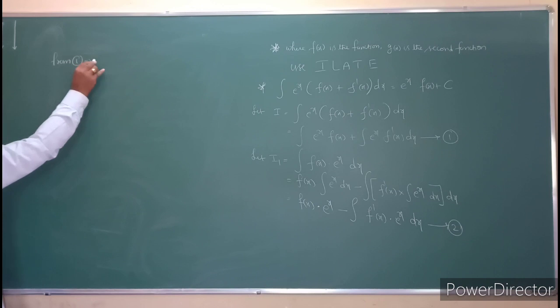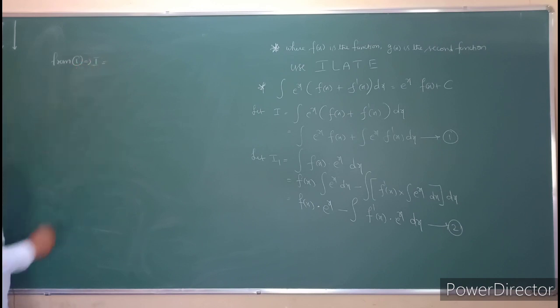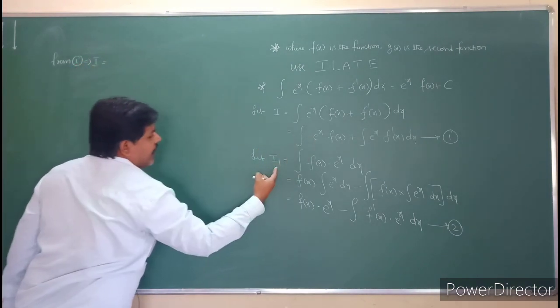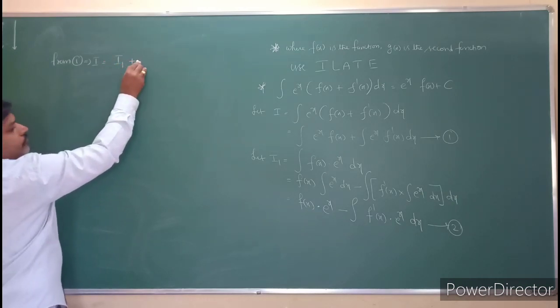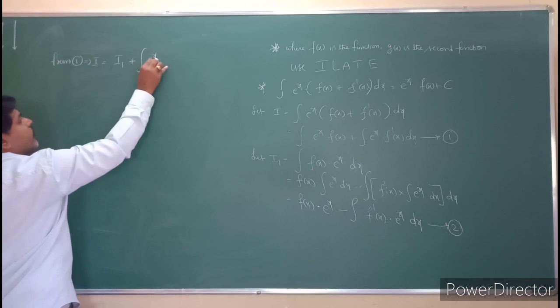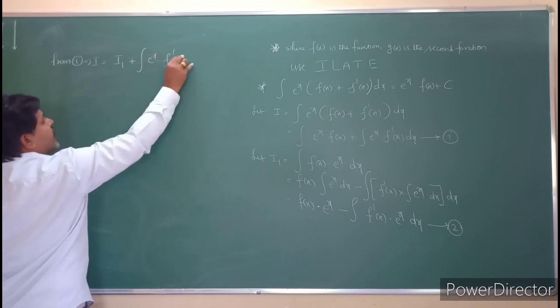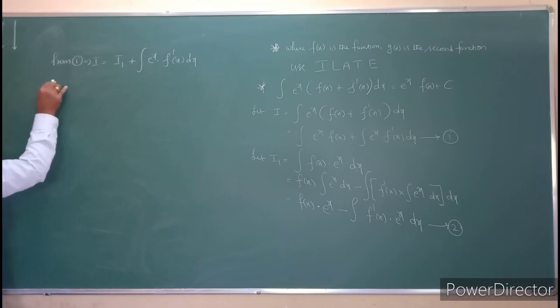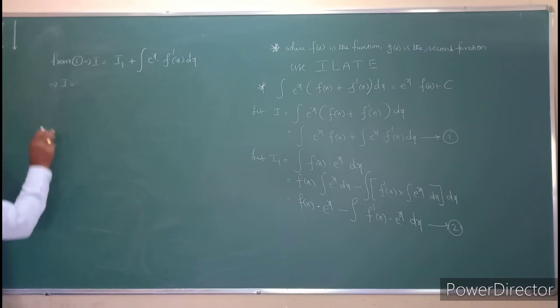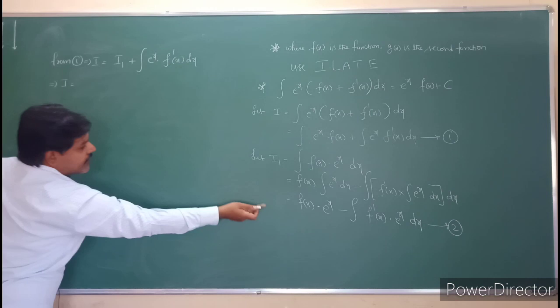I is equal to, this value you take as I1. So I1 plus integral of e power x into f dash of x into dx. So that implies I is equal to I1. Already you have calculated the I1 value.